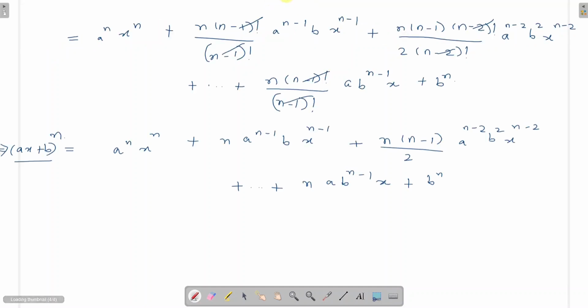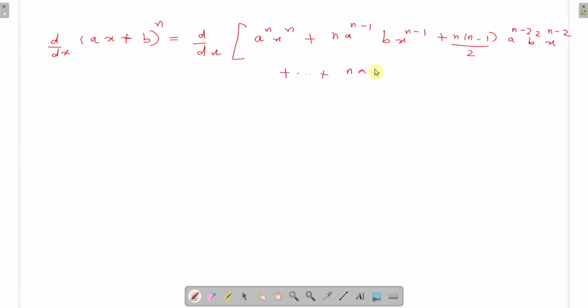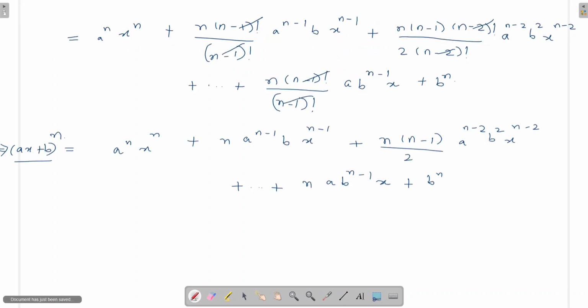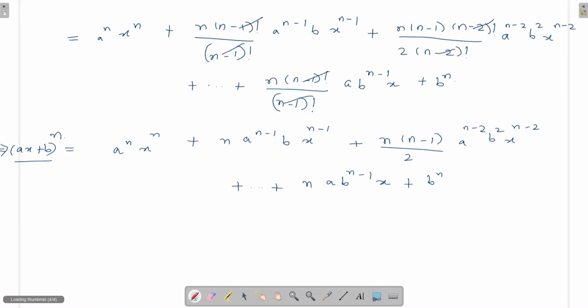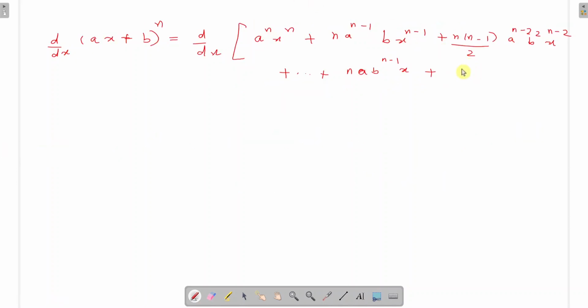plus n a b raised to n minus 1, x, plus b raised to n. Okay, so what we'll get here? See, derivative of this whole thing will then become sum of derivative of each term, right? So that derivative will go to each of these terms.